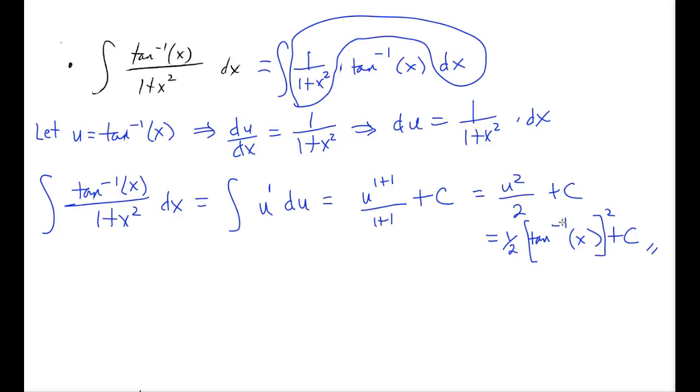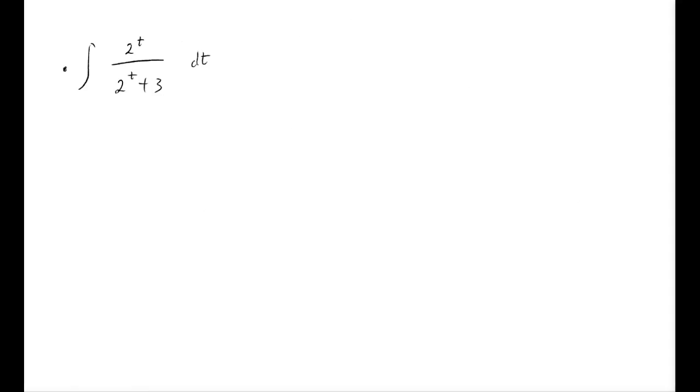All right, let's look at our next example. For our next example, it looks like our numerator and denominator are pretty similar. The only difference is our denominator has +3, so we have two terms. And we know that whenever we take the derivative of an exponential function, its derivative is proportional to itself.